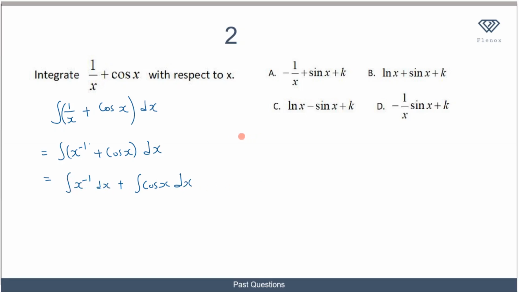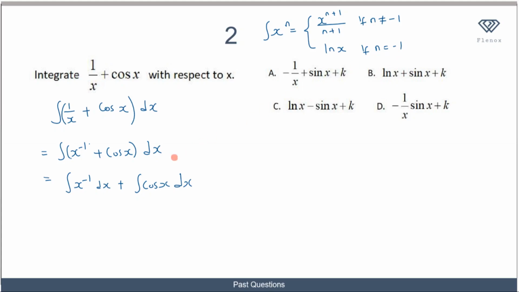If we try to use our normal formula for integration, if you remember, when you integrate x to the power of n, it is equal to x to the power of n plus 1 over n plus 1, if n is not equal to minus 1. But we told you that it is equal to ln x if n is equal to minus 1.